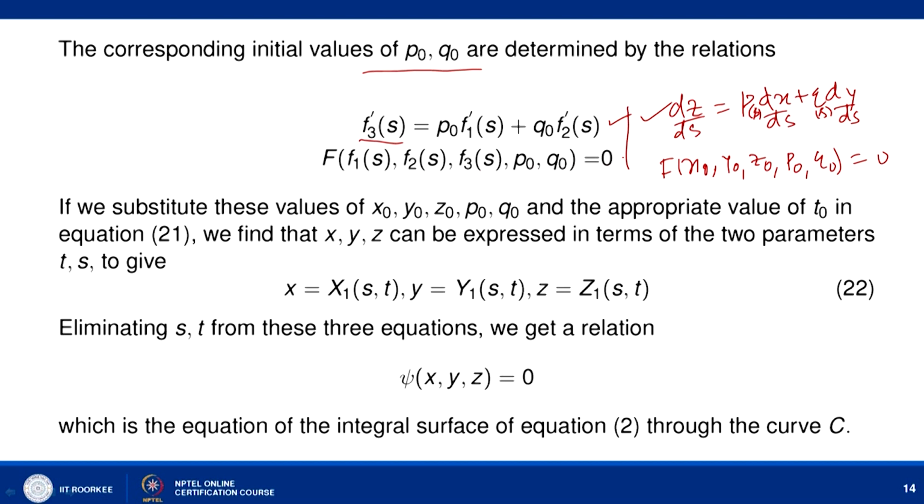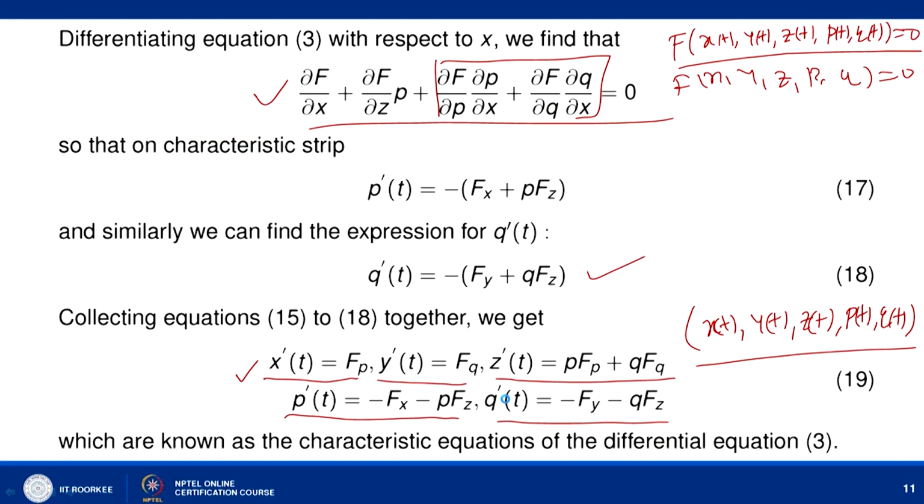When we solve these two equations, we will get the initial values x naught, y naught, z naught, p naught, q naught, and we have 5 ordinary differential equations along with these initial values, and if your F_p, F_q and all these values are nice enough, then we can get a unique solution.